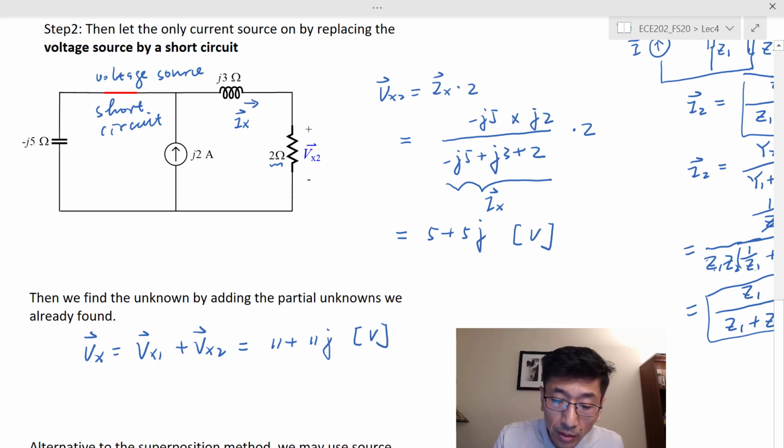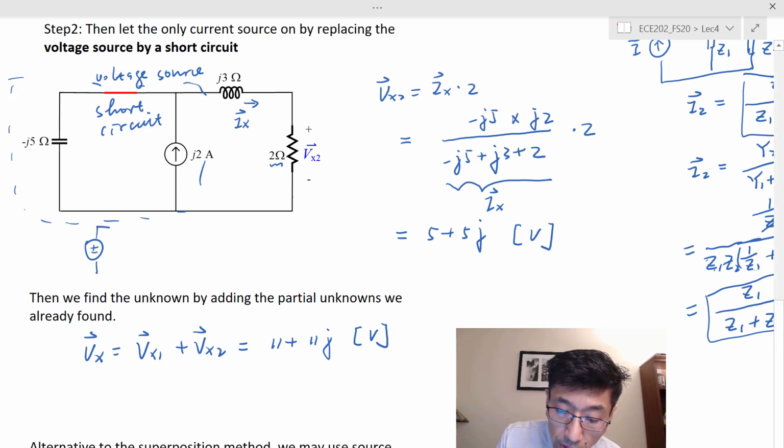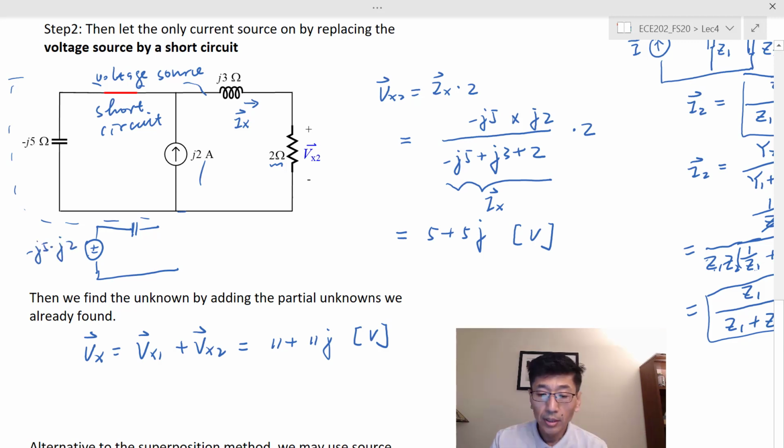Or, another way to find Vx2, we can do the source transformation here, right? In that case, we can change this to a voltage source in series with this impedance. And this voltage source would be minus j5 times j2. In that case, I replace this circuit, and I can do the voltage division again.